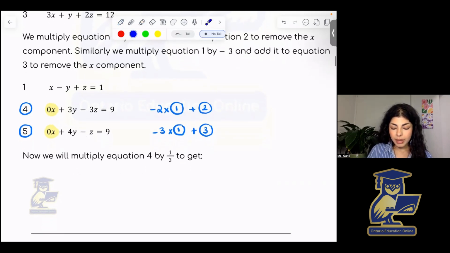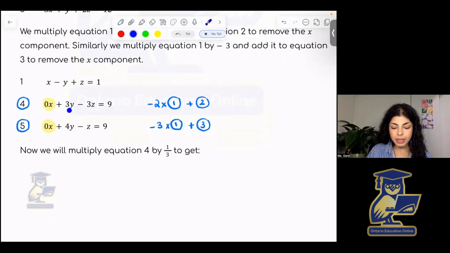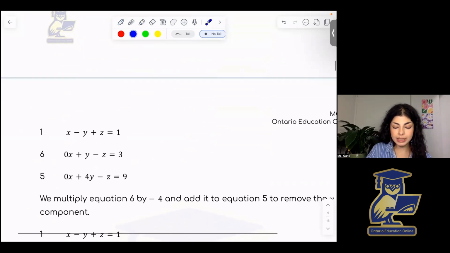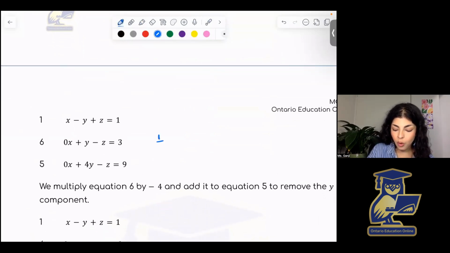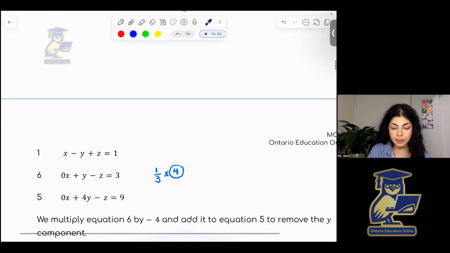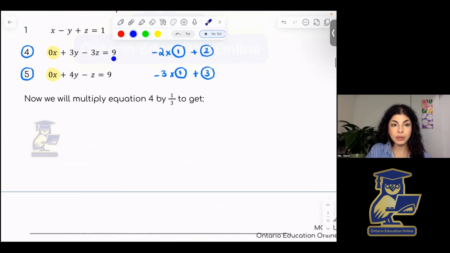Now, we multiply equation 4 by a third because I want this coefficient of y here to be 1. And again, we do have to name this as a new equation. So this is 1/3 of equation 4, which gives me y minus z is equal to 3. Because here we had 3y minus 3z is equal to 9.